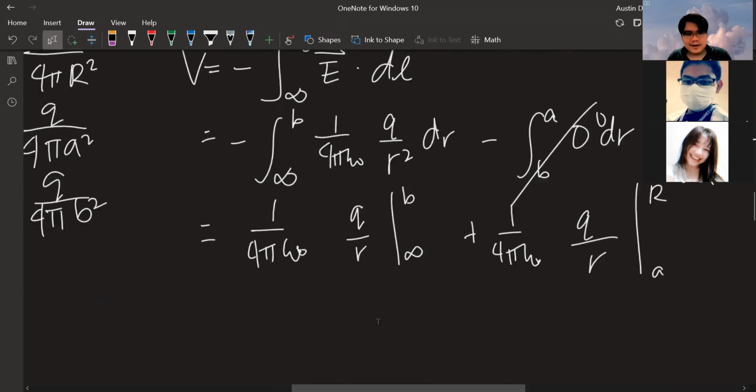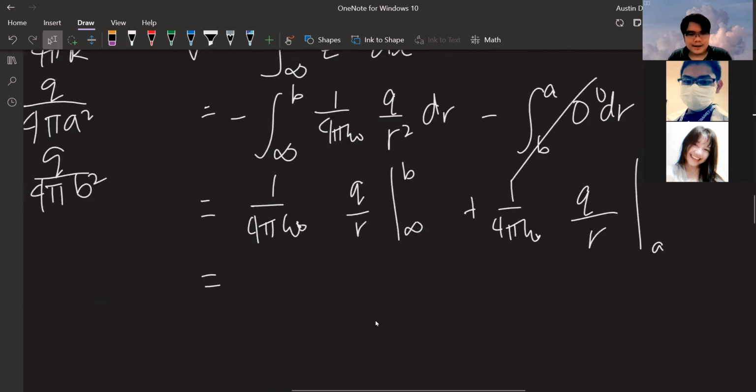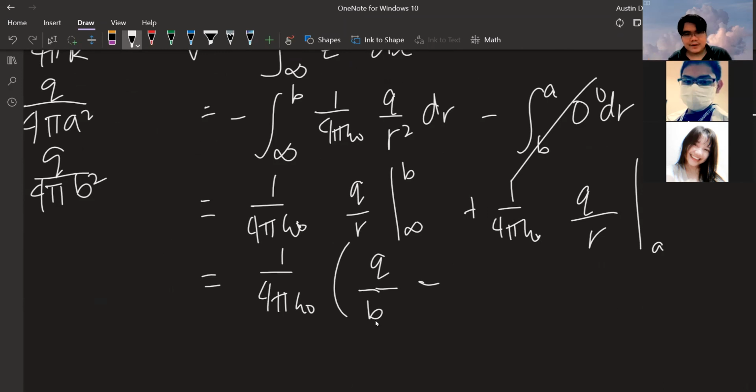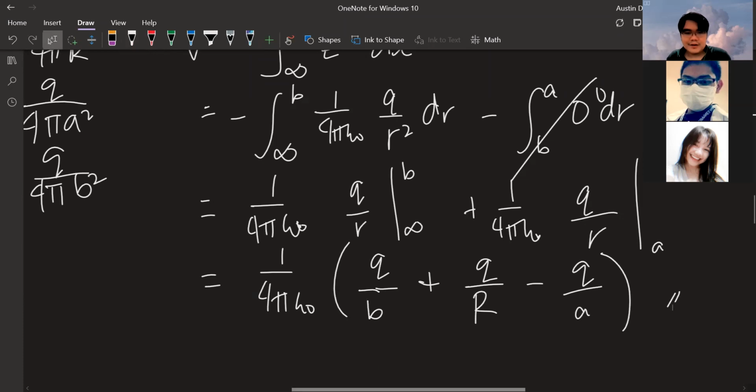Okay. And then we have simply 1 over 4 pi epsilon naught. Evaluate this at B. So that is Q over B. And then minus, evaluate to this point. So 0 lang yan, di ba? Tama. Q over infinity is just 0. So unahin ko si Q over capital R. Tama. Minus Q over A. Very straightforward.